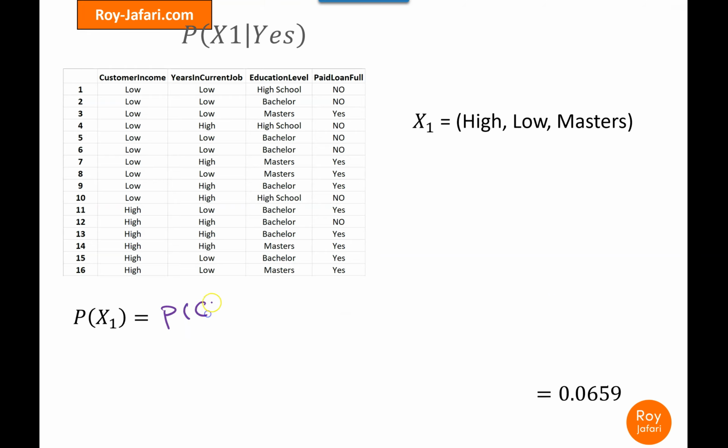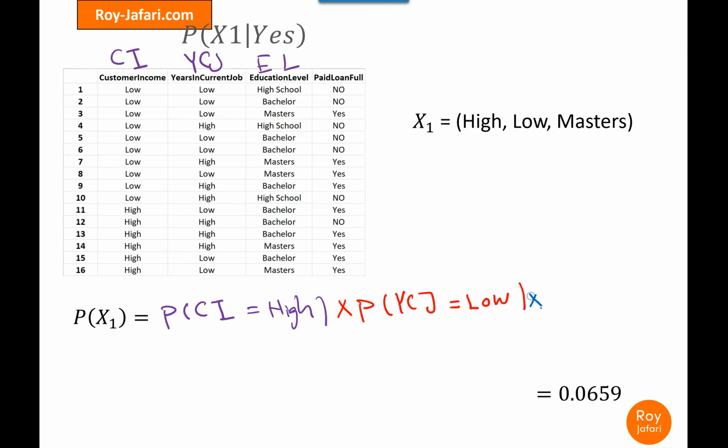Probability of customer income equal to high, multiplied by probability of years in current job equal to low, multiplied by the probability of education level equal to masters, right? So now we can calculate these values.